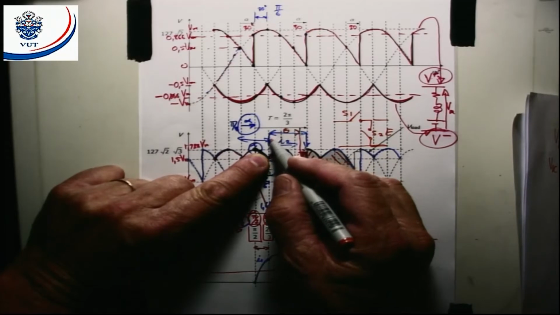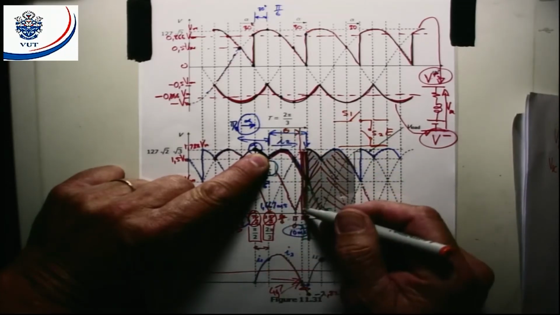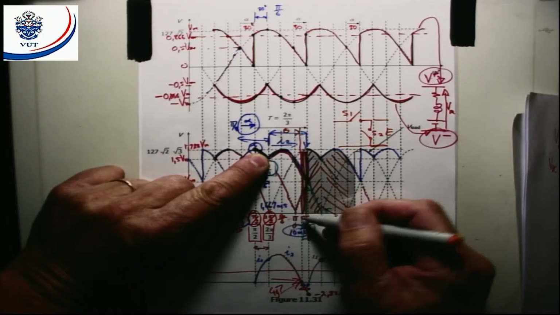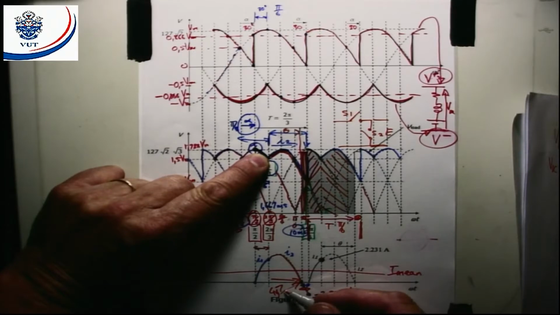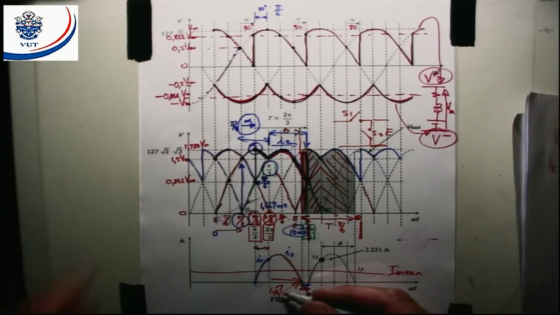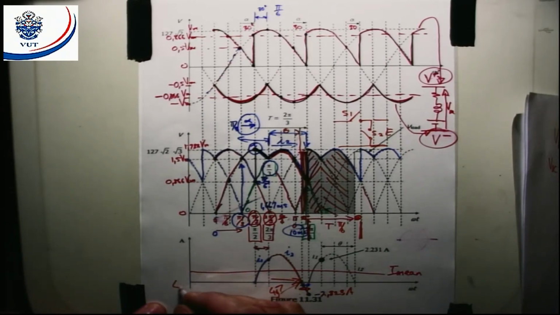That is the time until the current stops flowing, which is 4,7 milliseconds. How many radians is that? How do I convert? It's 4,7 milliseconds divided by 10 milliseconds multiplied by pi, which gives me 0,47 pi rad.